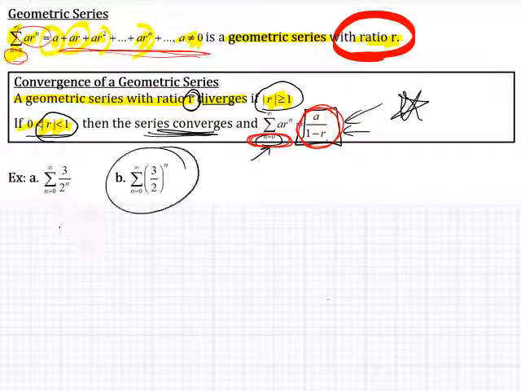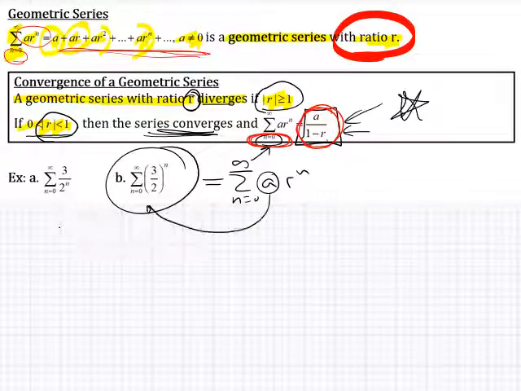So let's look at this one. This one is also a geometric series. If you look, this is in the form of the sum of n equals 0 to infinity of a r to the n. A, in this example, you could say there's a 1 out in front here. And this 3 halves is my r. So this is a geometric series.